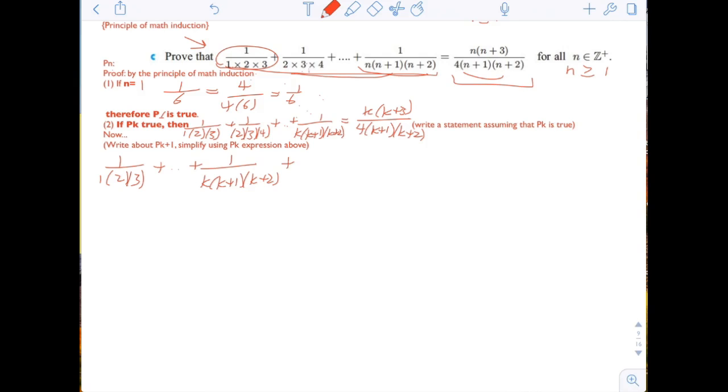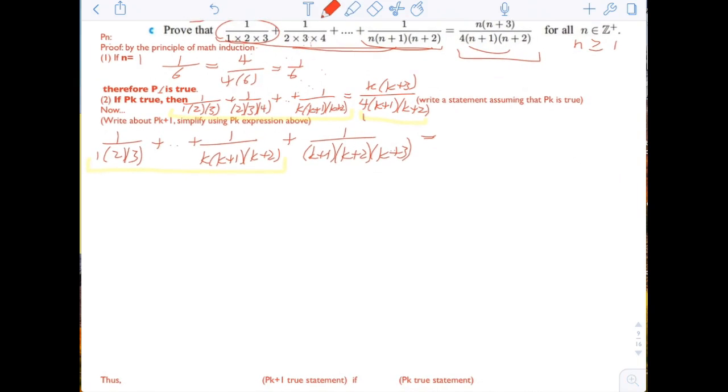And then we got the k plus 1th term, which would be k plus 1 times k plus 2 times k plus 3. And we're going to see what that equals to, okay? But remember, the strategy is always we're going to try to take this expression here and find it somewhere here and substitute with that expression. So let's go ahead and do that.